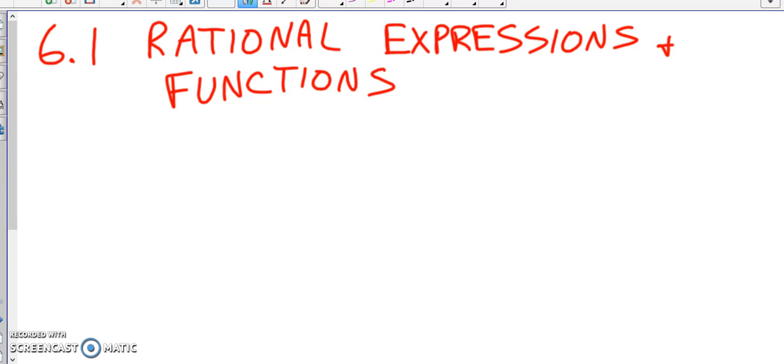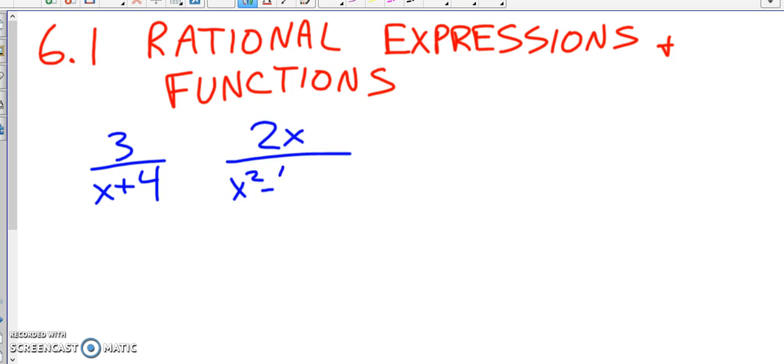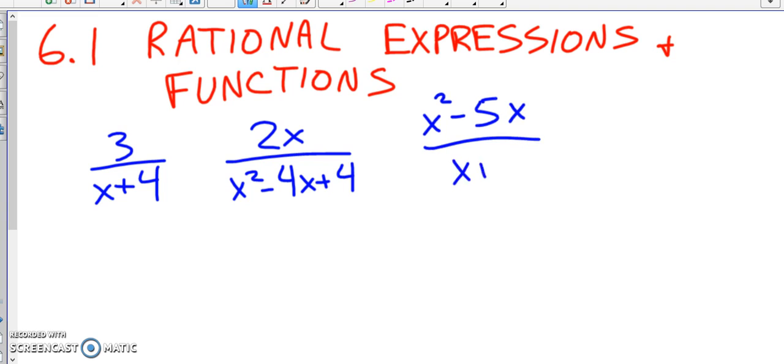For example, a rational expression could be something like 3 over x plus 4, or 2x over x squared minus 4x plus 4, or x squared minus 5x over x plus 7. So basically some kind of polynomial over some kind of other polynomial.